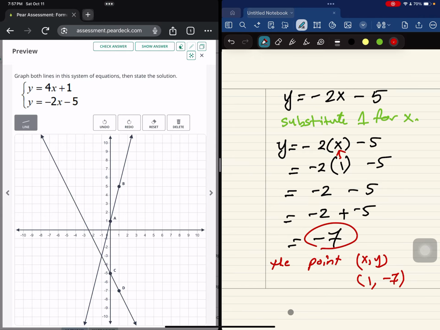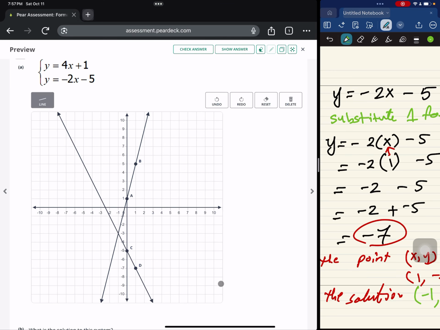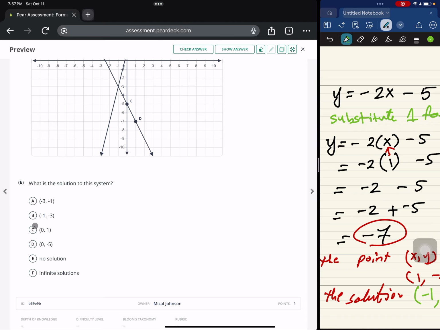So we can say that the solution is, again, -1 as x and -3 as y. So we can choose B as the right answer.